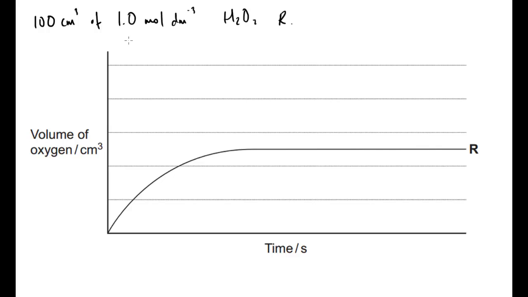So say I were to use 0.5 mole per decimetre cubed. So we've got half the concentration, therefore the reaction is going to only reach half the point that it got to previously. But it's also less concentrated, and therefore it's going to occur more slowly.